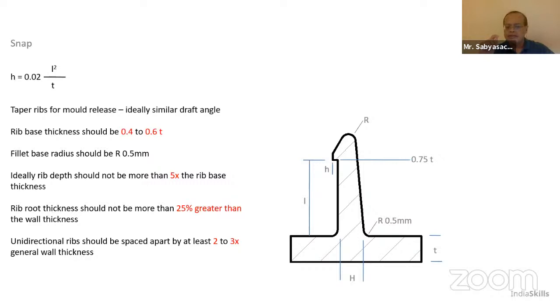Moment you have details of this sort, right? There is a certain length, there is a certain thickness that you already have. You have a base thickness, which is about half of your general wall thickness.